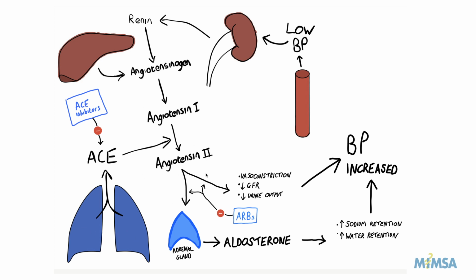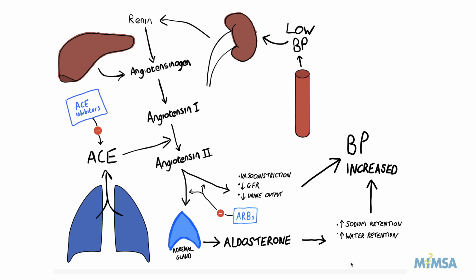Angiotensin 2 is a very potent vasoconstrictor. It is known to be almost 1,000 times more potent than adrenaline at vasoconstriction, so it causes the blood pressure to increase. It also acts upon the adrenal gland to release aldosterone, a mineralocorticoid, which increases sodium and water retention in the kidneys.